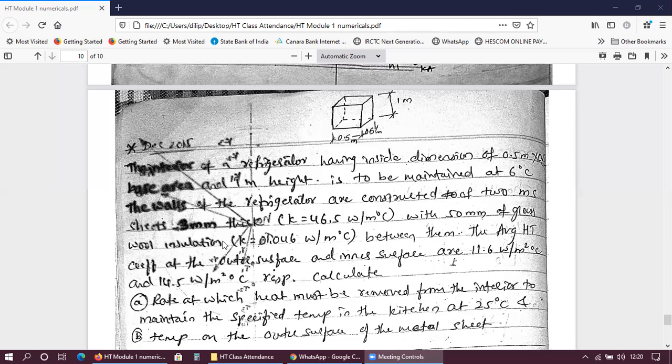So the thermal conductivity of that glass wool is 0.046 watt per meter degree Celsius.